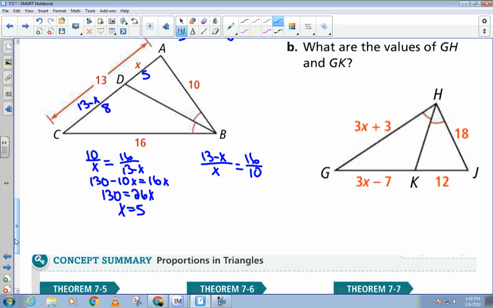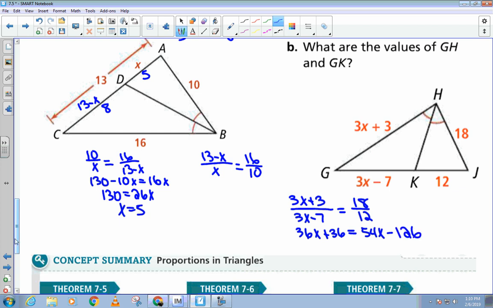Let's come over here. What should we do here? Again, we've got an angle bisector. So (3x + 3) over (3x - 7) equals 18 over 12. Good. So we cross multiply, we get 36x plus 36 equals 54x minus 18 times 7, 126.